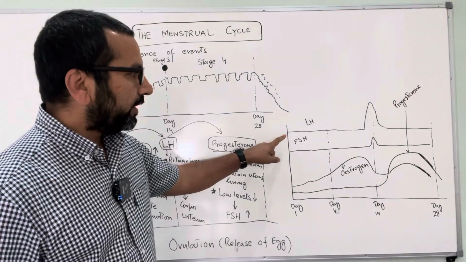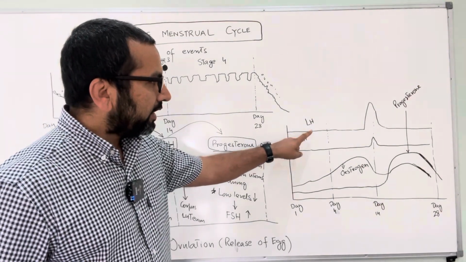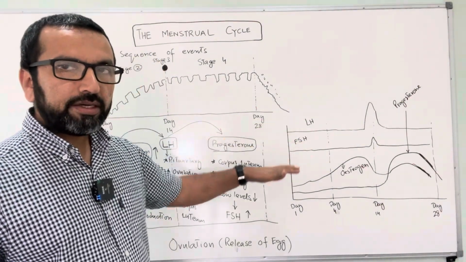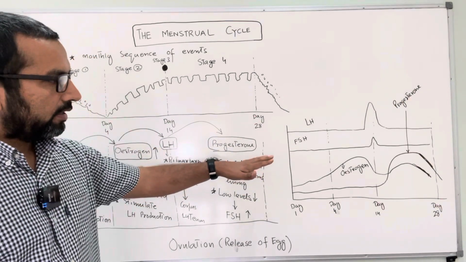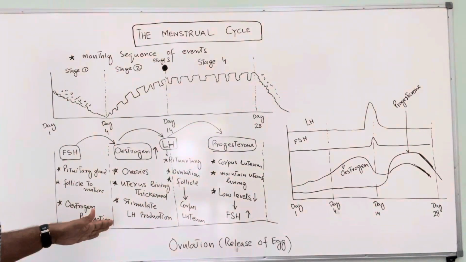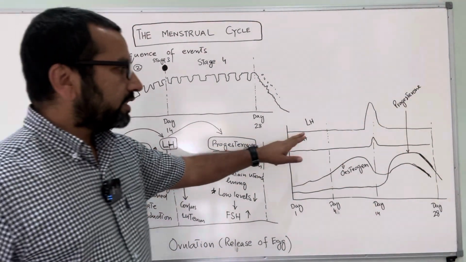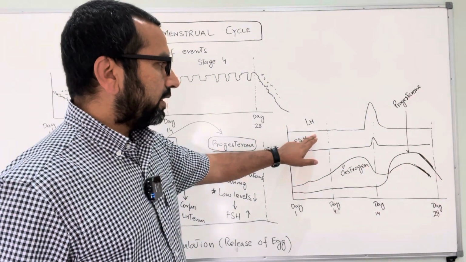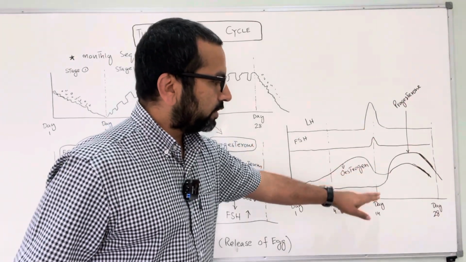You can see from here that the quantity of the hormones is related with their function. So the LH hormone is related with the release of the egg, which is on day 14.